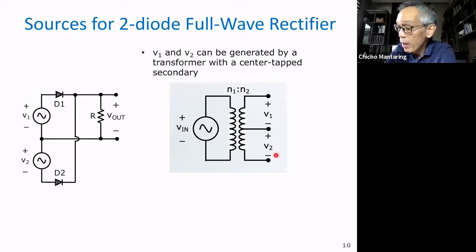If your secondary winding, don't be intimidated by the term, has a tap in the center, which we call a center tap, then you can get two equal voltages, V1 and V2, and those two voltages will be in phase. That's usually where you get V1 and V2.